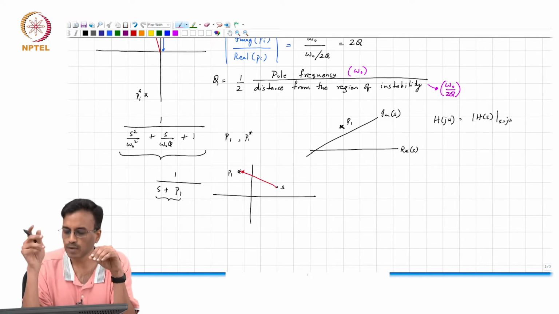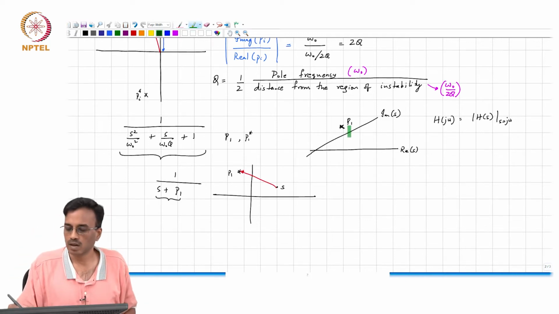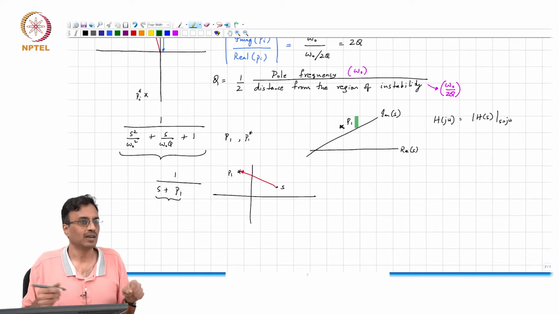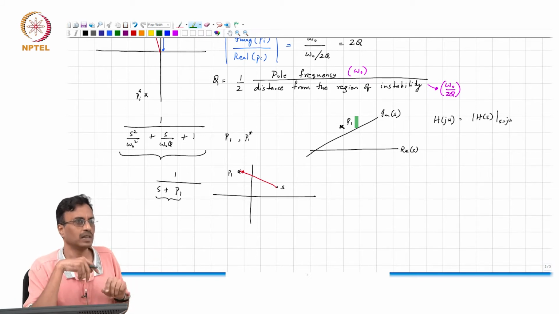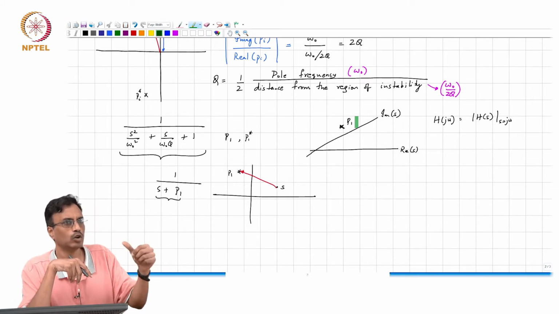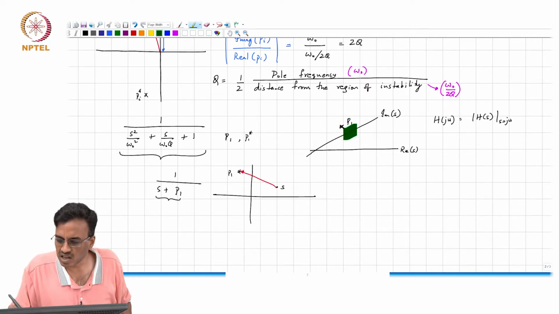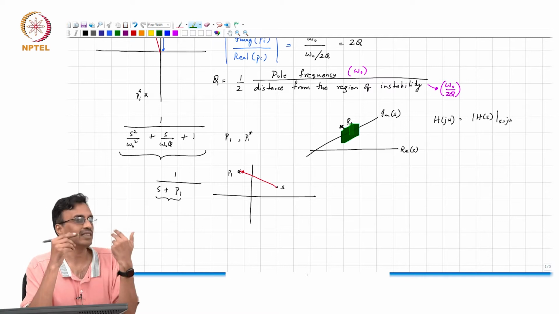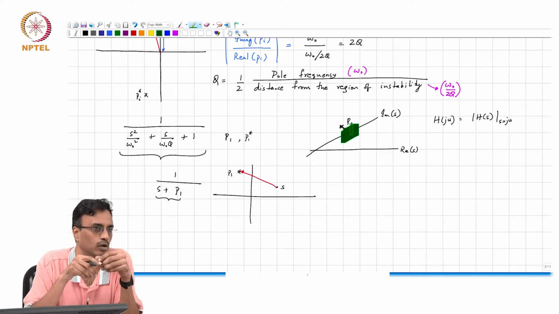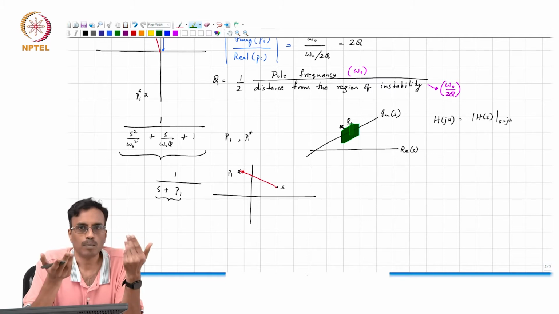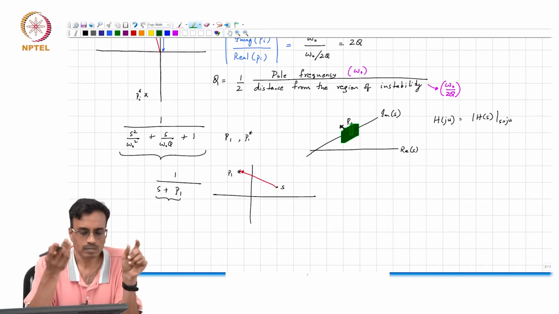And so, if you are evaluating on the j omega axis, it must follow that at every point on the j omega axis, you would draw these vectors from that j omega to all the poles, right. And in this region, which pole has the maximum influence on the magnitude response? P1. Why? Very good.